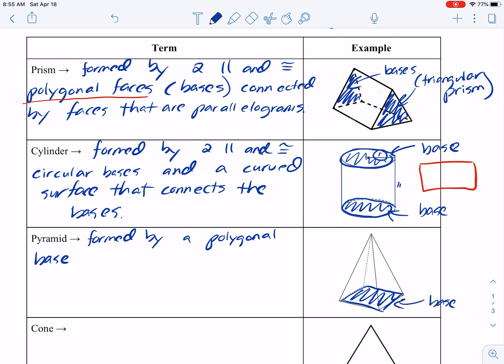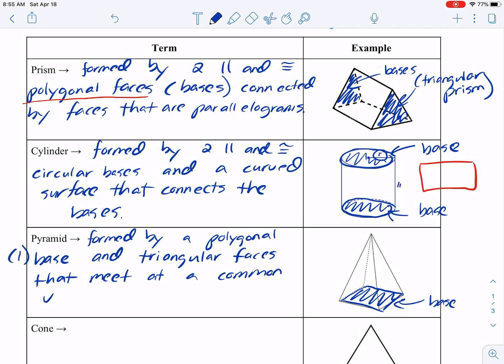Okay, so a little different than a prism. Instead of two bases, it's just one base. And triangular faces that meet at a common vertex.